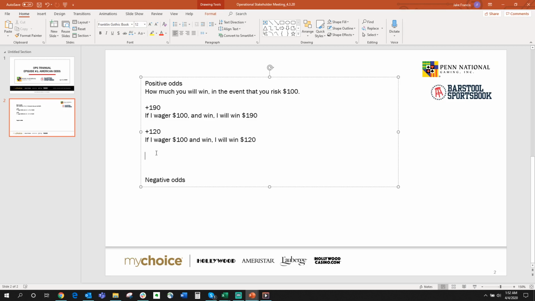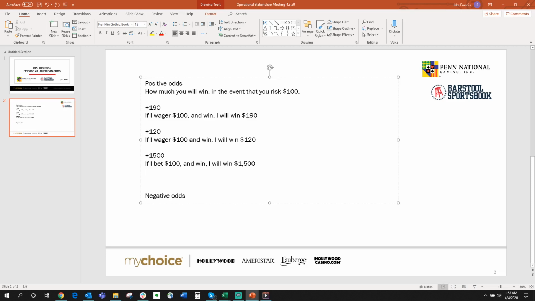In this event, you may see what we call longer odds, that is to say 1,500. So if you see a game that's 1,500, there is a severe underdog. But this is to say how much you'll win in the event you risk $100. So if I bet $100 here and win, I will win, you guessed it, $1,500.